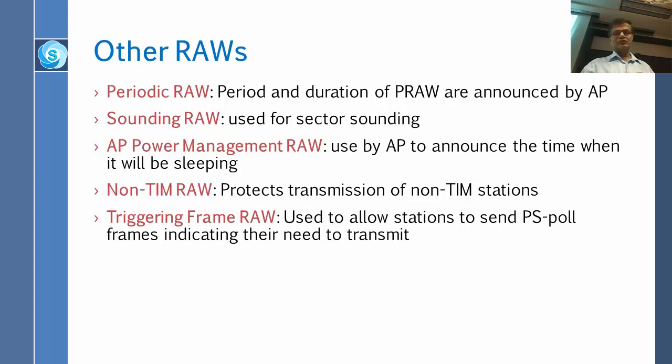Similarly, there is another poll: every beacon, the access point announces that I have frames for 5, 3, and 2, whatever. And when you hear that, you say, okay, all right, I am up. Please give me that. They may announce 1,000 times, and after 1,000 times you hear it, right? So then you say, okay, I'm up now. Give it to me. So that's another kind of poll, PS poll.